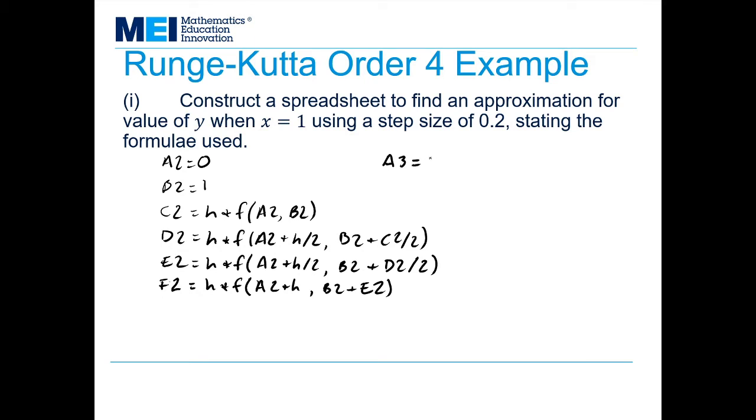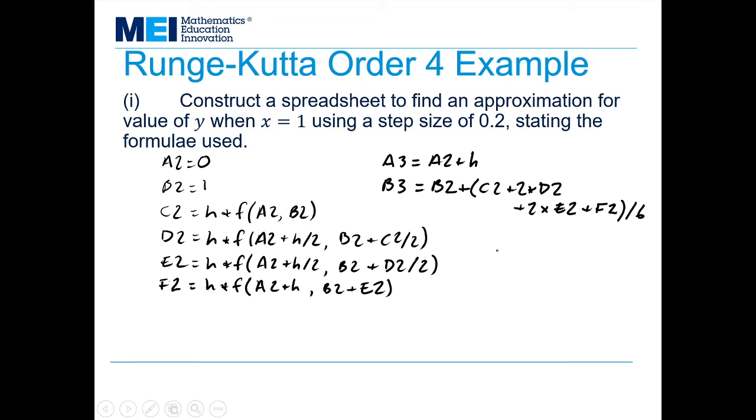So A3 was just A2 plus h, and B3 was just B2 plus, and then I had C2 plus 2 times D2 plus 2 times E2 plus F2, all divided by 6. And then I filled all of these down in order to generate the rest of my values.